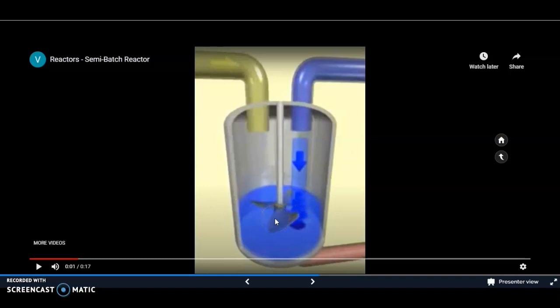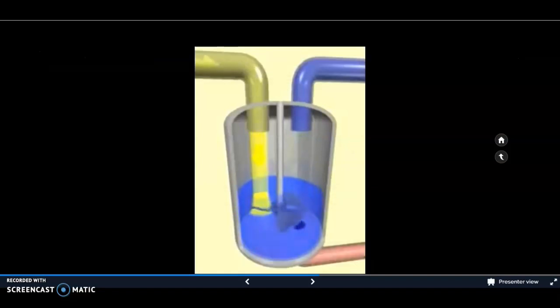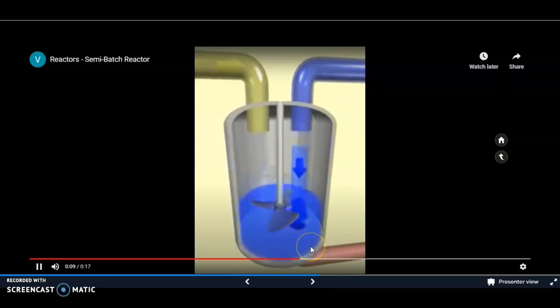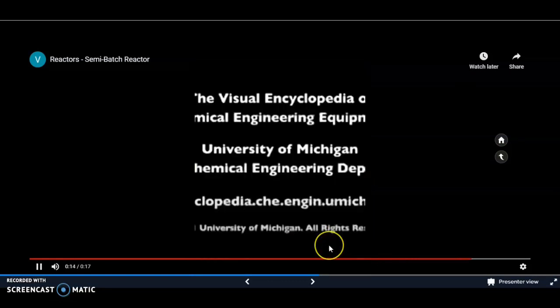Only after that, we add reactant B. After both reactants mixed together, the product will be formed and then it will be discarded out of the reactor. So here we can see that we add reactant A, then we start the reactor and we add reactant B. We get a product and it will be discarded out from the reactor.